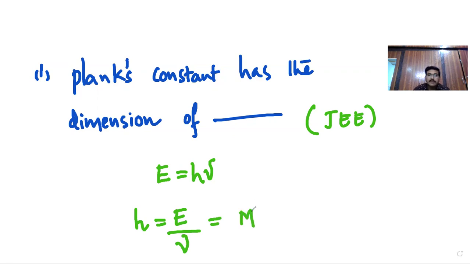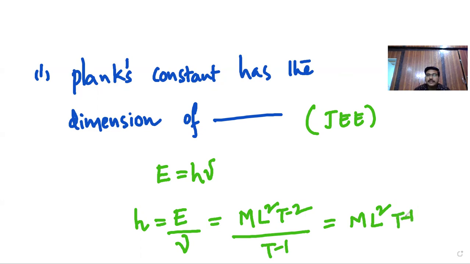We know from the previous classes that energy has dimension formula M L square T minus 2, and frequency is T minus 1. Hence, on simplification, M L square T minus 1 remains. So, this is the dimension formula for the Planck's constant. Clear?